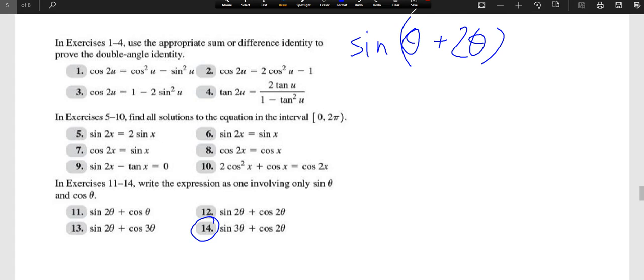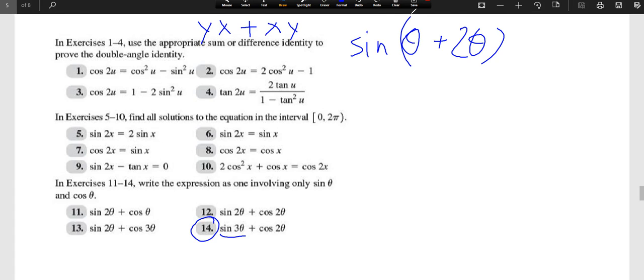Okay. So anyway, this is the sine of a sum, right? So isn't that y, x, same sign, x, y? Okay, I took 3 theta, I used my imagination, and I said, how could I break up 3 theta? I said, hey, why don't I break it up into theta plus 2 more thetas?